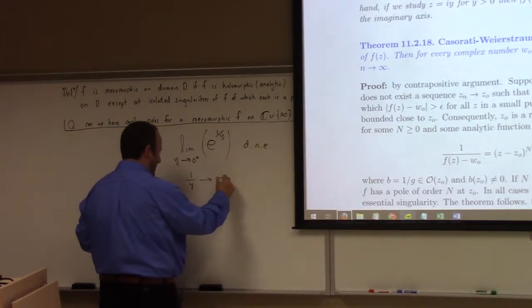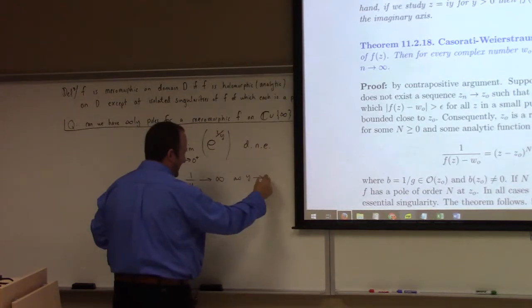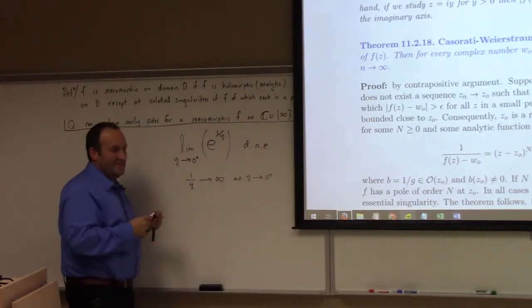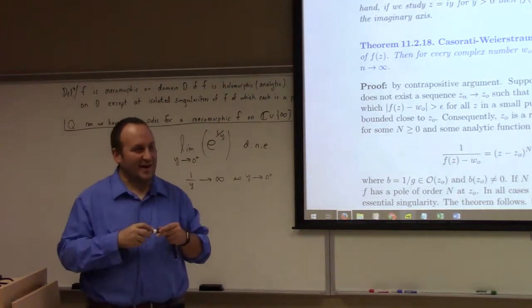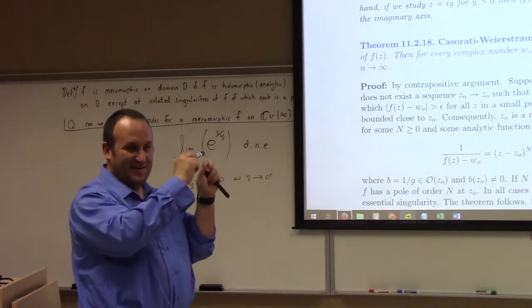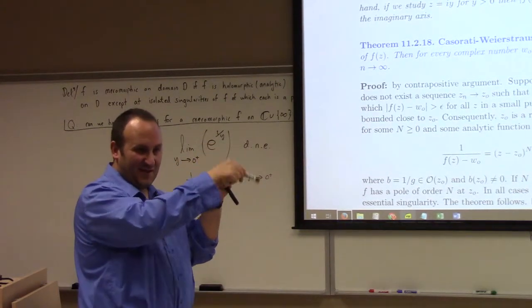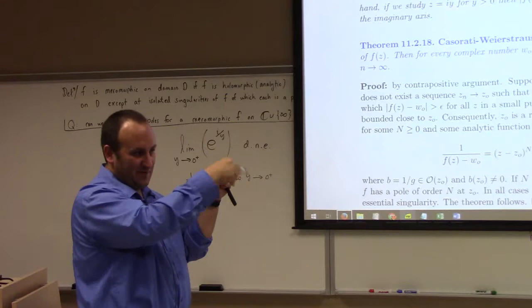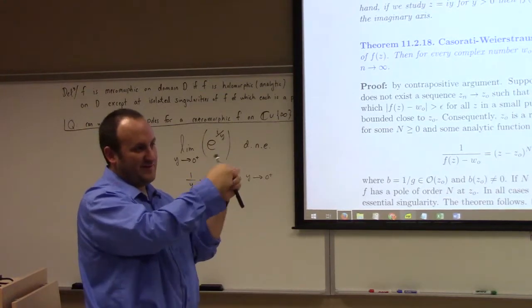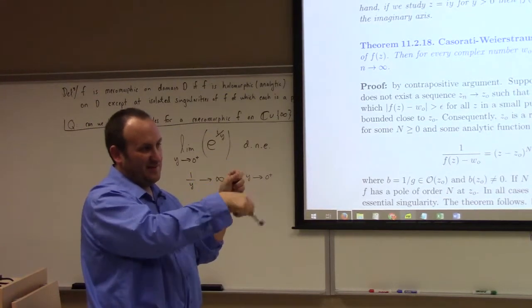It's going to infinity as y goes to 0 from the right. So if you think about e to the i over y, you're going round and round and round the unit circle. It never settles down. It's just always spinning.